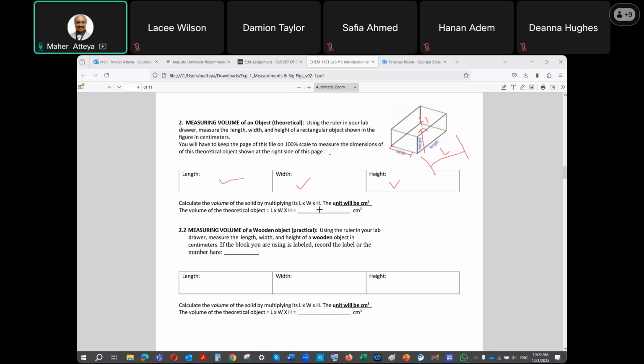They will ask you what is the volume of this object. This is not a cube, this is rectangular. So the volume is the length multiplied by the width multiplied by the height, which is given to you here. And you put this one here, this area.